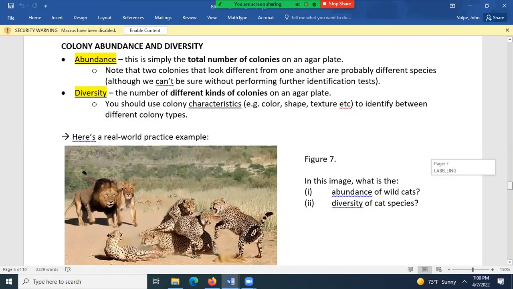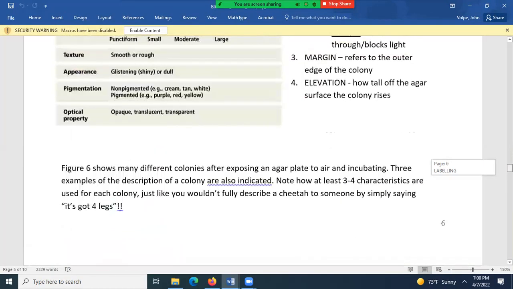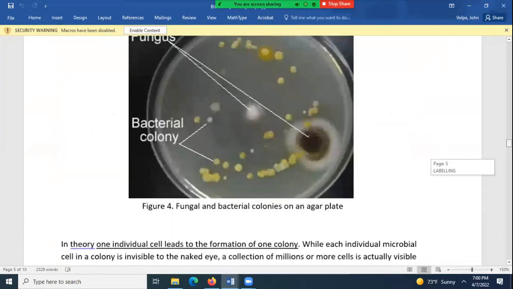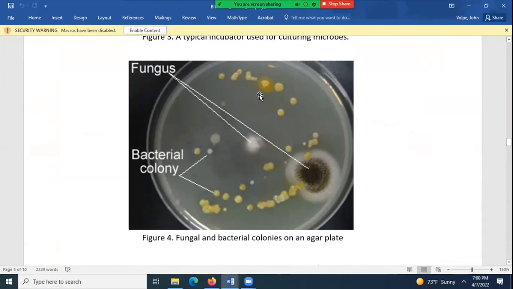Diversity is the different kinds of colonies. And then you use the characteristics to determine how many different kinds there are. Like this colony is definitely different from those, but all of these and all of these could be the same species. So this would be 1, 2, there's 3, and that could be the same as that, but it could be different. So we'll say 3, 4, maybe 5.